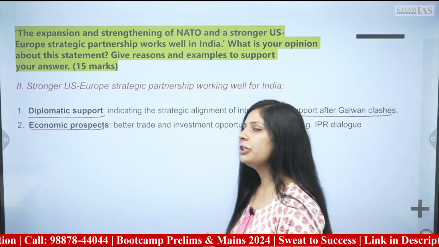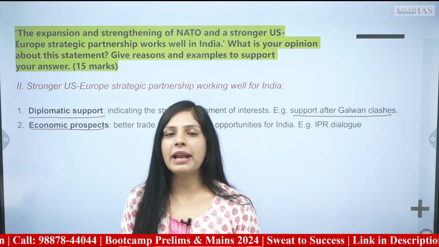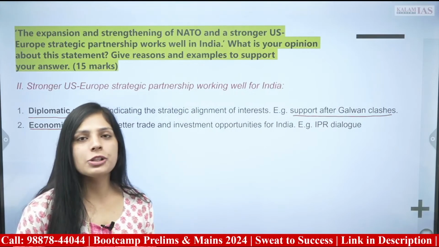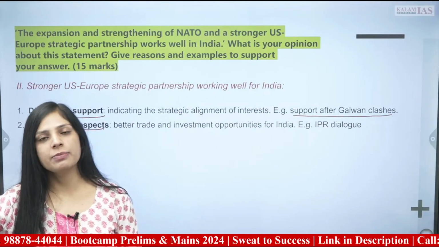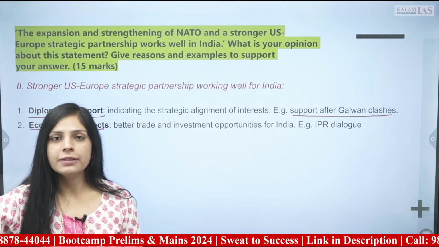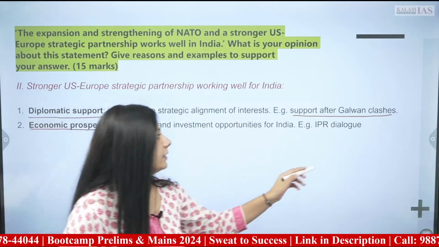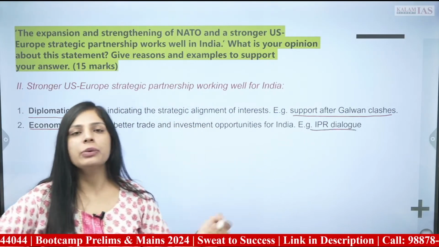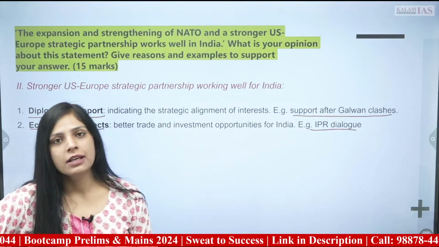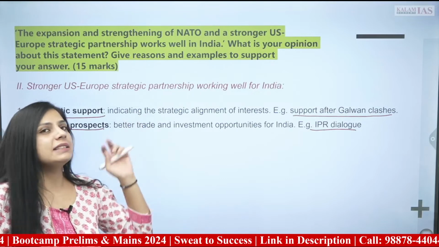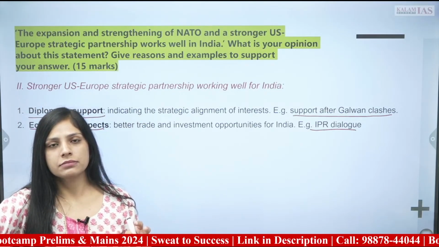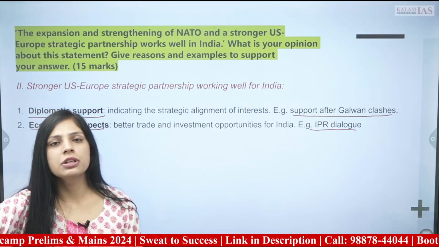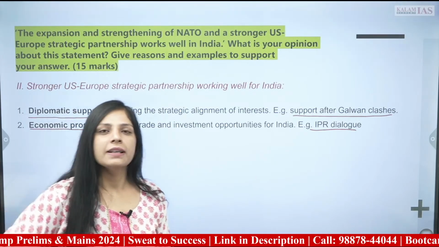A more stable Europe with the backing of the United States would also prove beneficial for India's investment prospects, right? There have been issues surrounding intellectual property rights. So with the convergence of both these powers, we can actually come together and sort out our issues through dialogue, right?